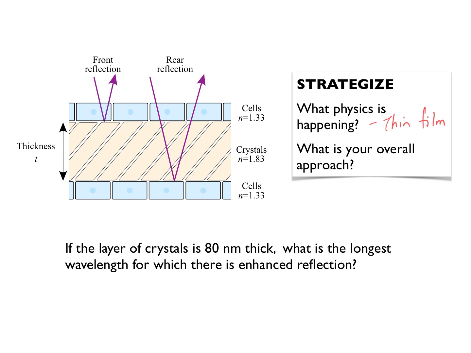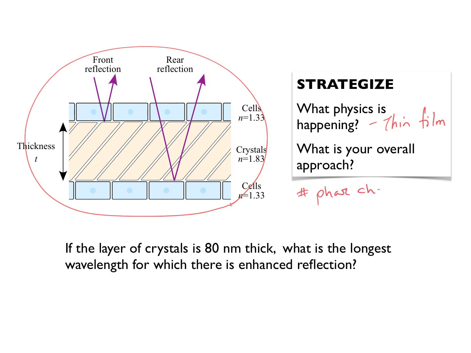And then what I'm going to do is this. I'm going to look at the physical situation that we have here, and then I'm going to ask myself, how many phase changes do we have? And the second thing I'm going to look at is, do I want constructive or destructive? What is the situation I'm looking for here?